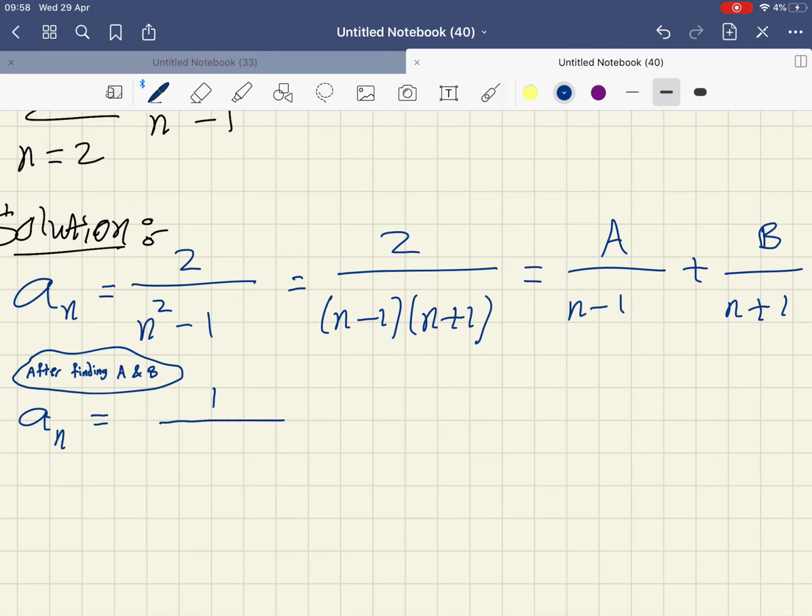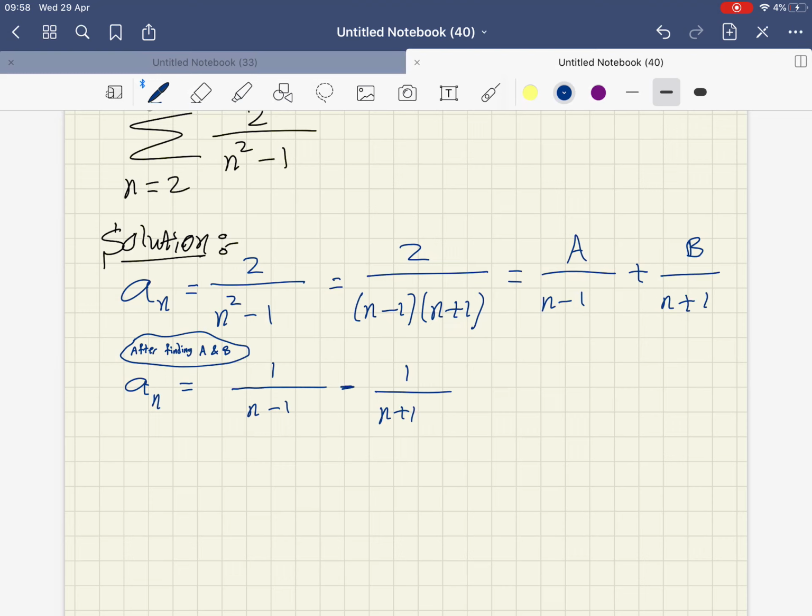If we do it, it will be 1 over n minus 1 minus 1 over n plus 1. And that's exactly what we are hoping for. We are hoping to see this minus something minus something.